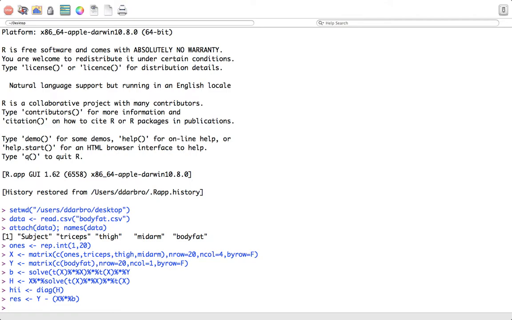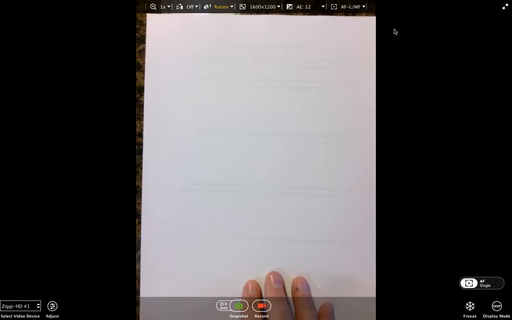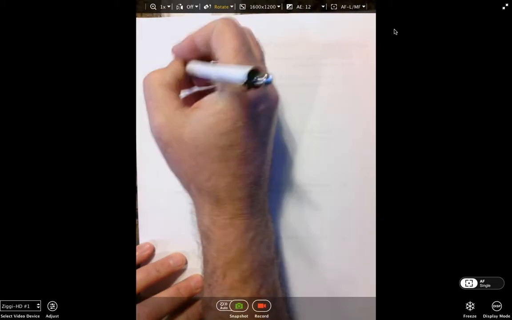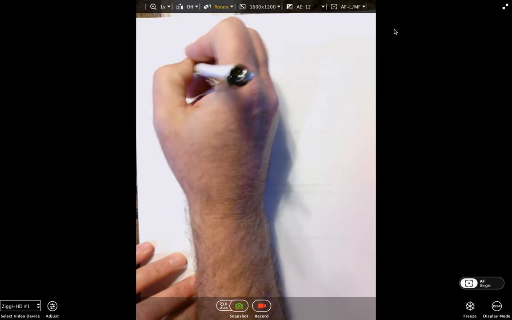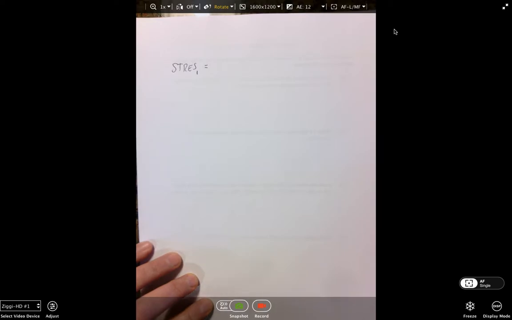Now, what I would like to do is go back over to this, and let's create the standardized residual for the first observation.